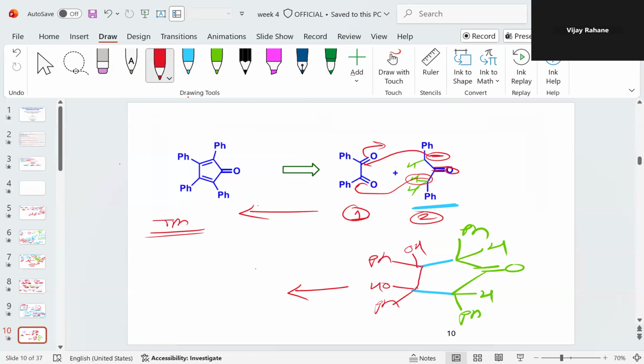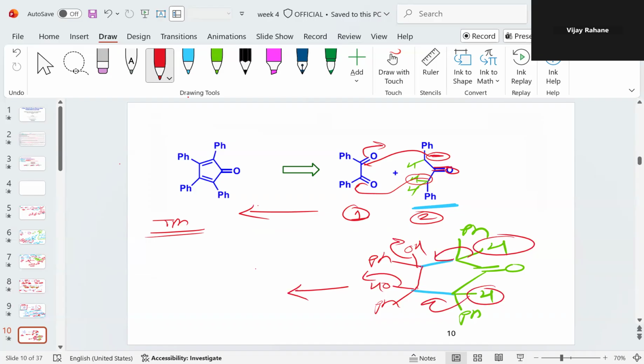But overall, we can say this intermediate can form, and potentially, since our reaction already has the base, the other proton can also be easily abstracted by that base, followed by elimination reactions occurring from both sides.